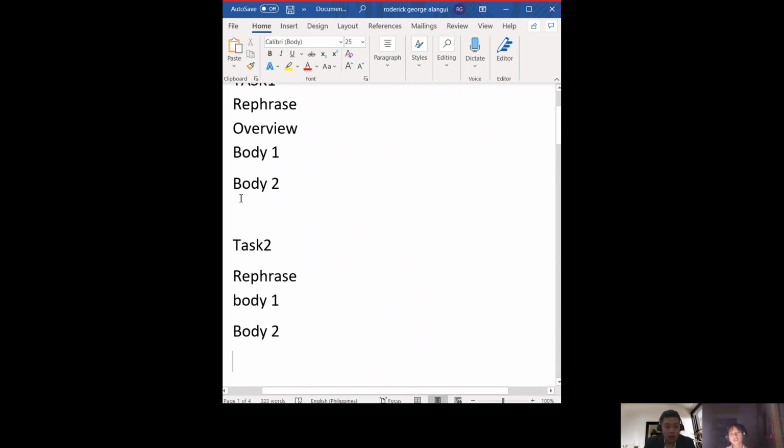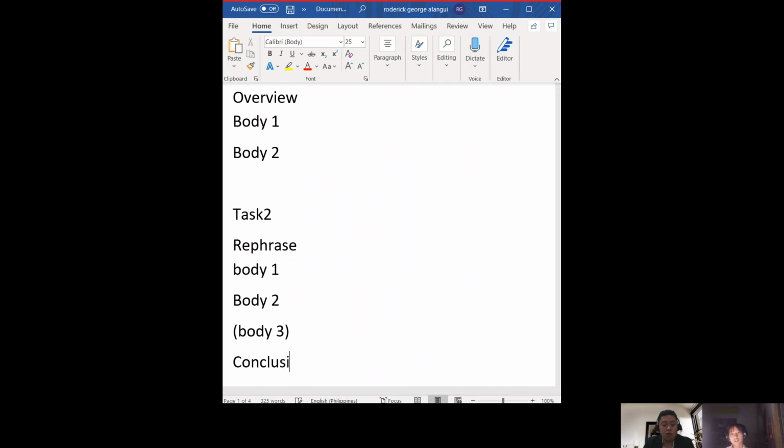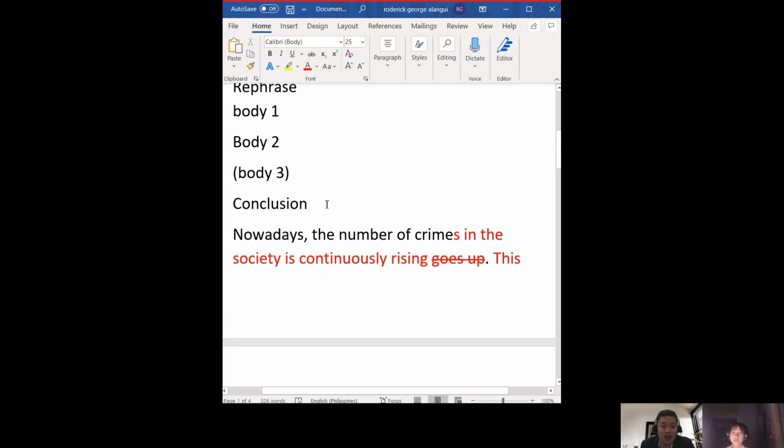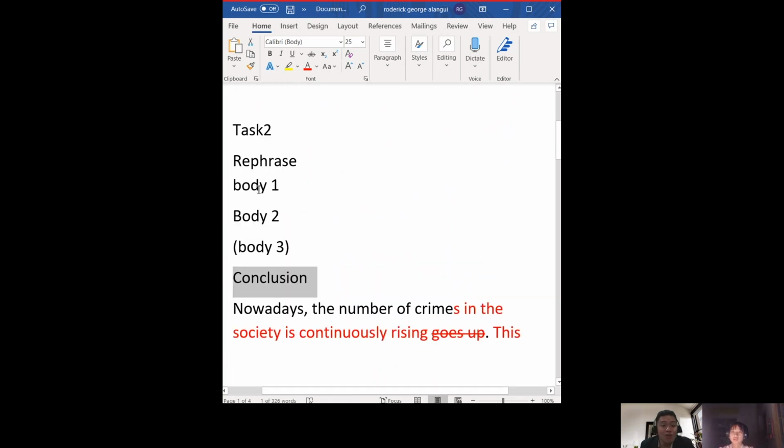You can also include body three, then conclusion. That is your pattern in task two. In task one, you will not have a conclusion, but in task two you will, but you will not have an overview. No overview for part two.